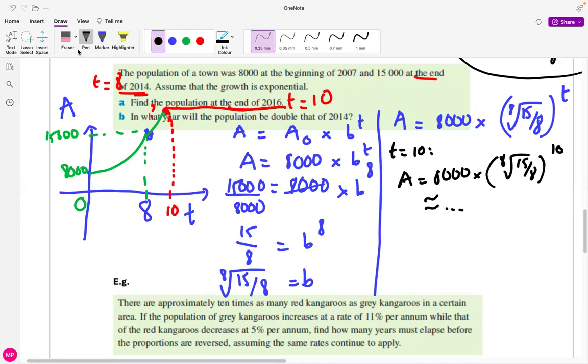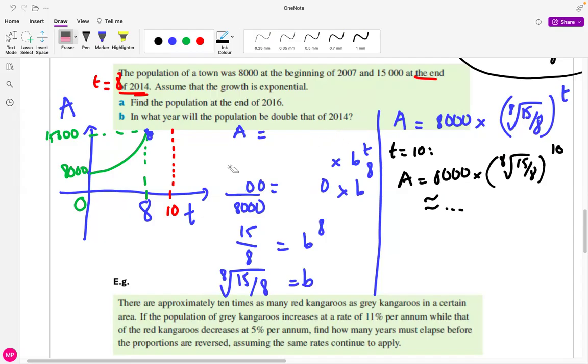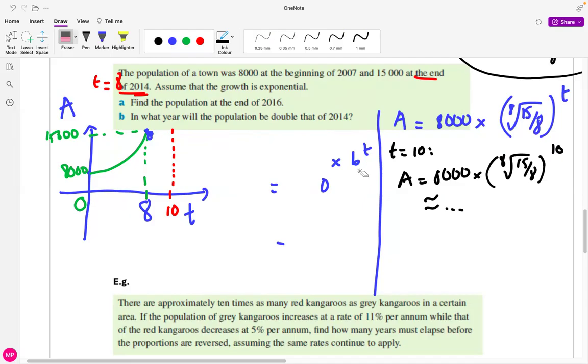Then for part B, what year will it take to double the population of 2014? So you can see 2014 is 15,000.